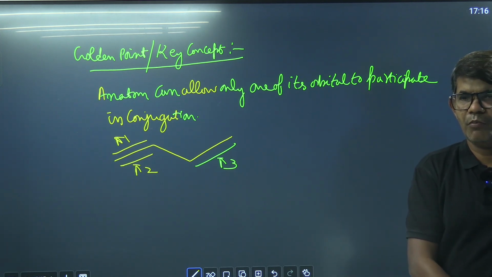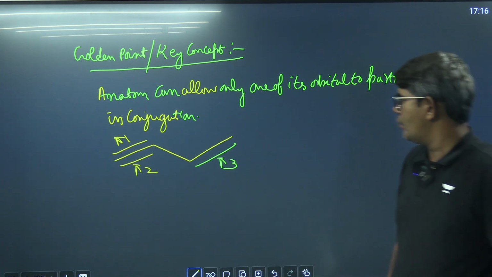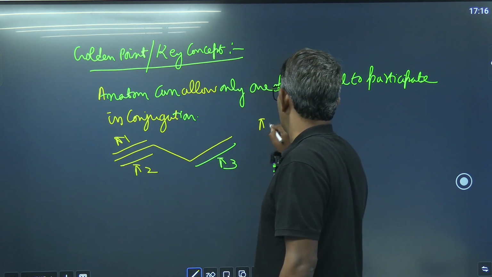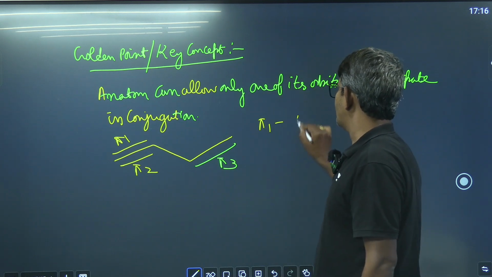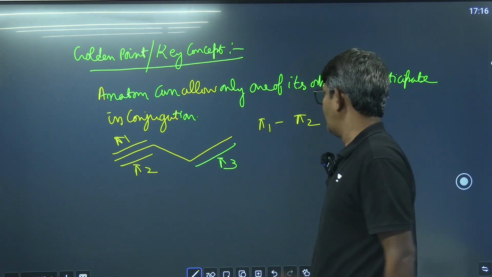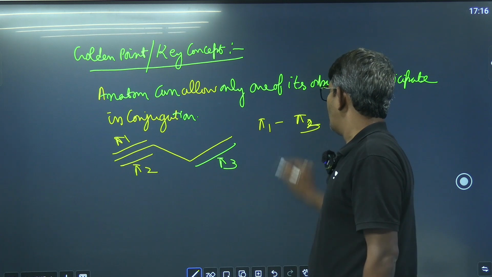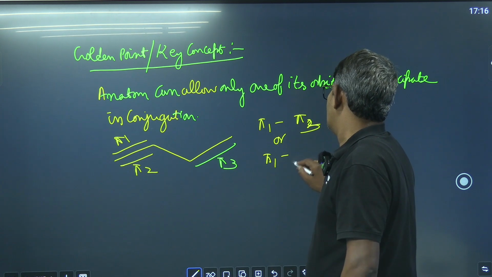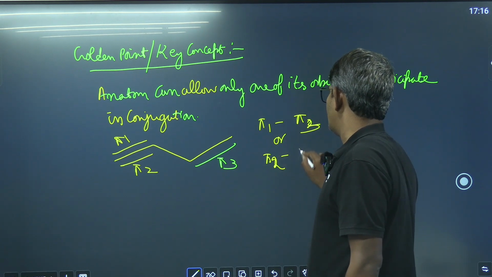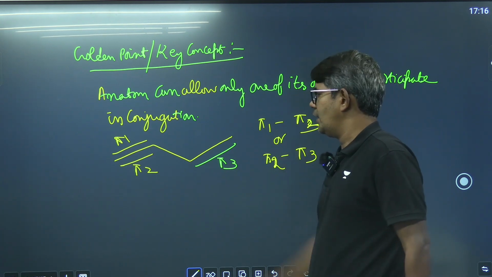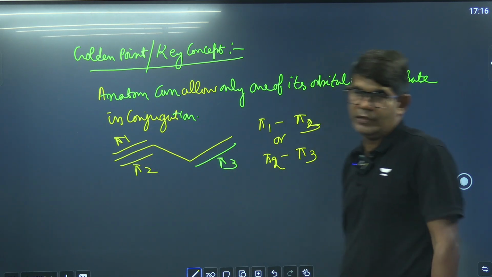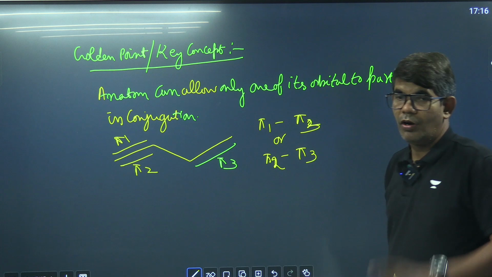Either pi 1 is in conjugation to pi 3, or pi 2 is in conjugation with pi 3. Either of them, not both of them.